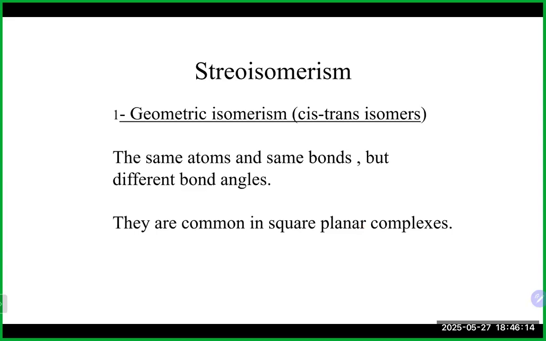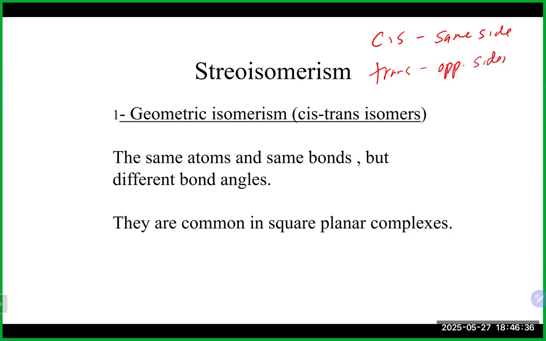Now, stereoisomers, also referred to sometimes as geometric isomers, can be cis or trans isomers. Cis basically means same side, and trans means opposite sides.